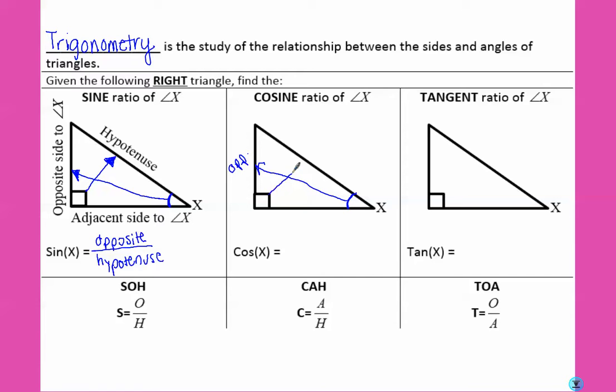The side across from the right angle is still the hypotenuse, and this other side is the adjacent side. So if we want to find cosine of x, we would divide the adjacent side over the hypotenuse.